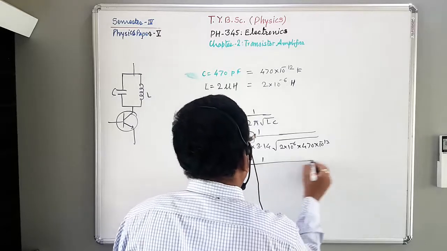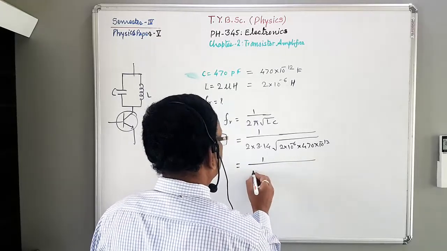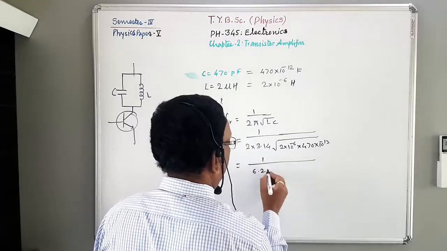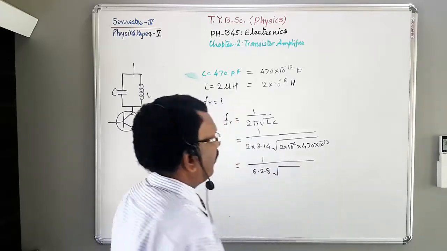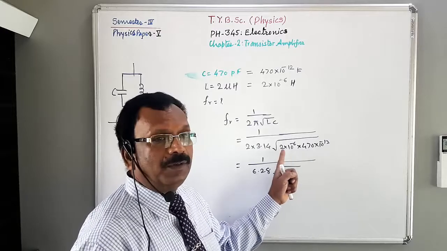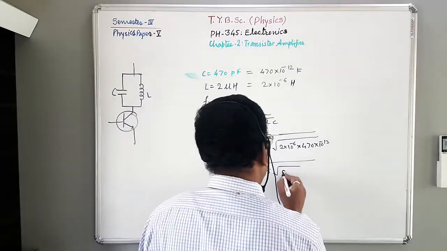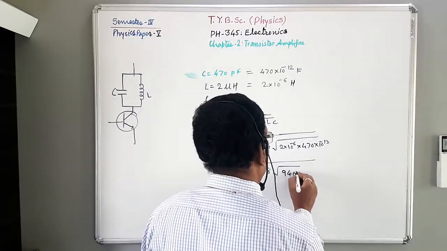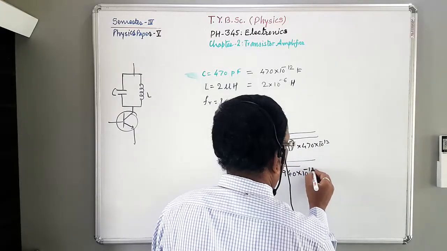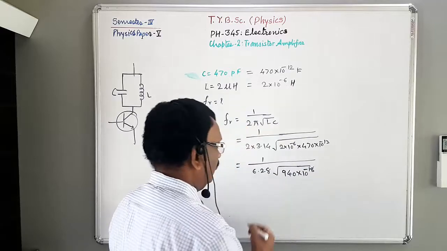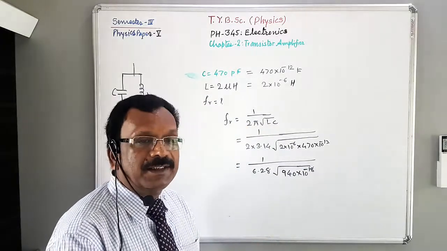So we can solve this: 6.28, and 470 into 2 is 940 into 10 raised to minus 18. Now by using a calculator you can simply solve.